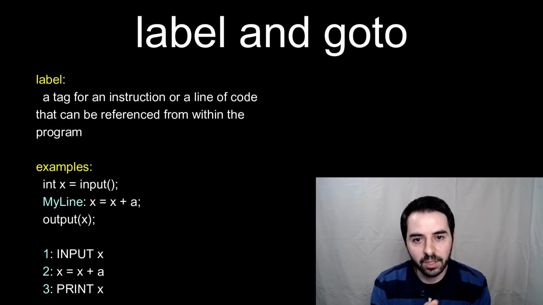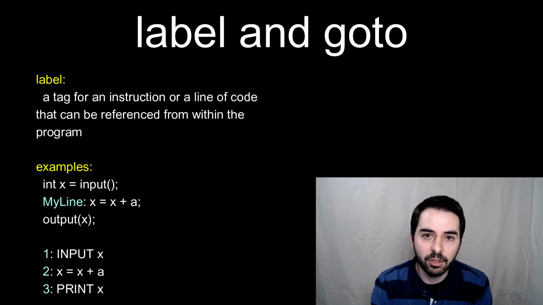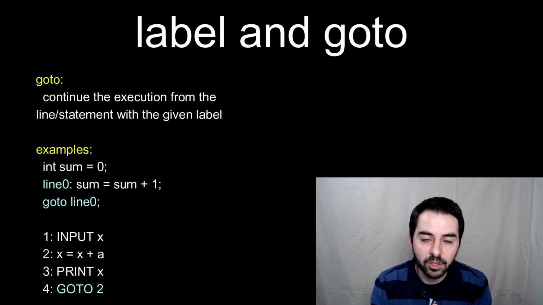That becomes a label, with some special syntax, for instance your label and then a colon. All the languages that support this label notion also have the goto keyword. Goto is a statement which says, basically, change the control flow and move the execution to the line defined by that label.